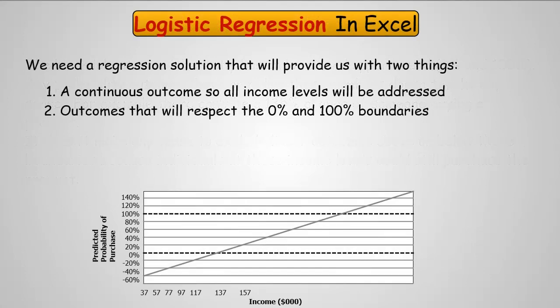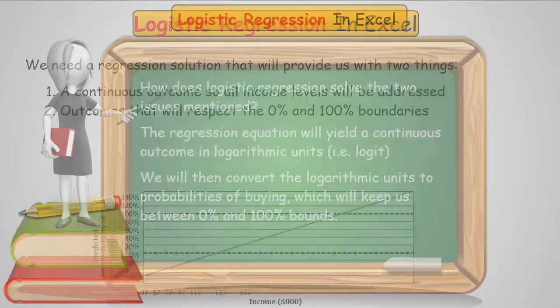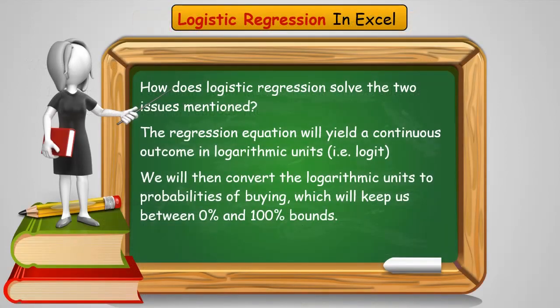What we need is a regression solution that will provide us with two things. The first, a continuous outcome, so all income levels will be addressed, and the second, outcomes that will respect the 0% and 100% boundaries that wouldn't normally be included in a regression model. How does logistic regression solve these two problems?